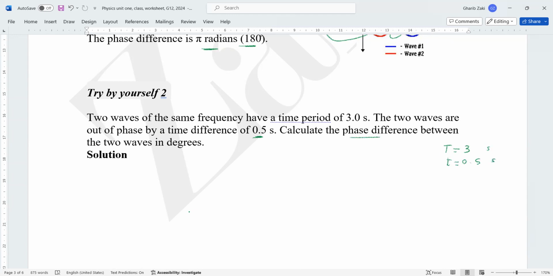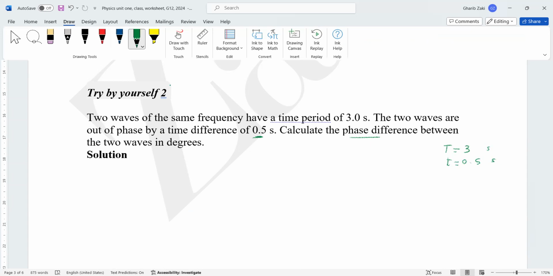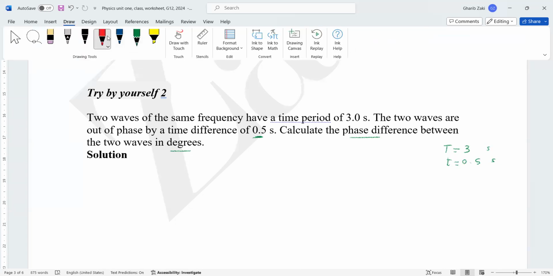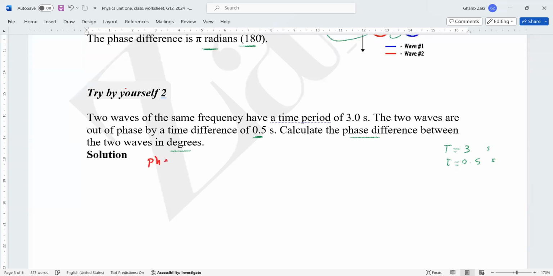When we talk about time, we use the formula. It says in degrees. Can you see? In degrees. Then the phase difference equals 2 pi times t small over T capital, or we can say 360, because we need the phase difference in degrees, times t small over T capital.